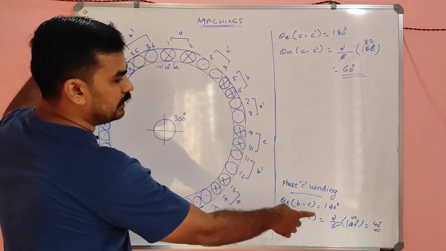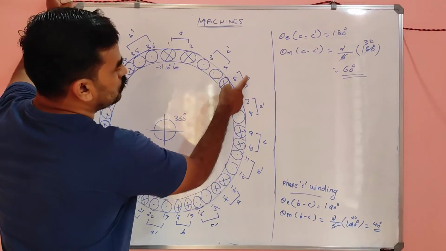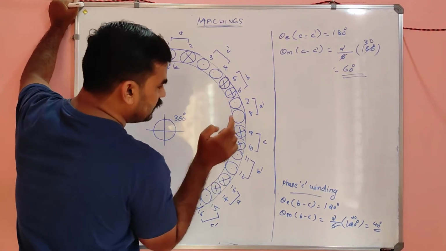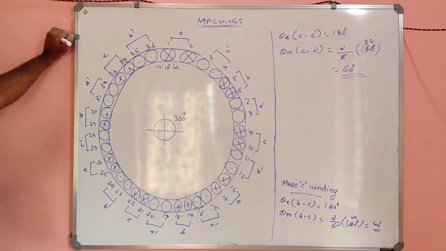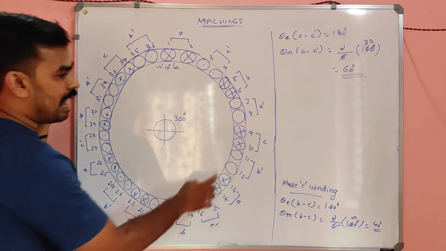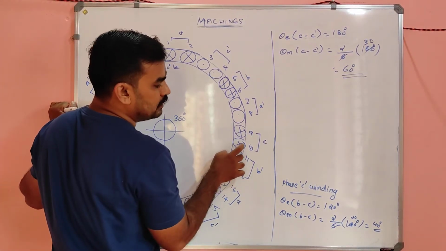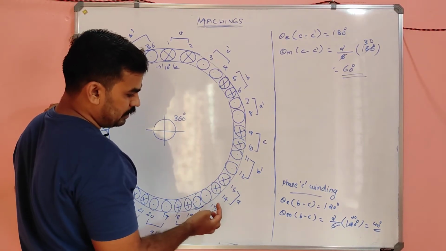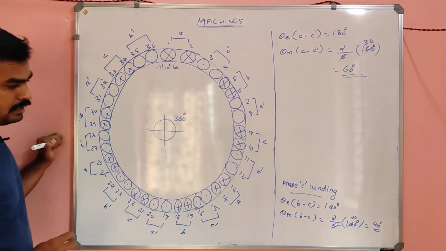So after 60 degree, B to C, from B 40 degree, 10, 20, 30, 40. So C will be at 10. After 60 degree from this 10th slot, we have to take 10, 20, 30, 40, 50, 60. Correct?